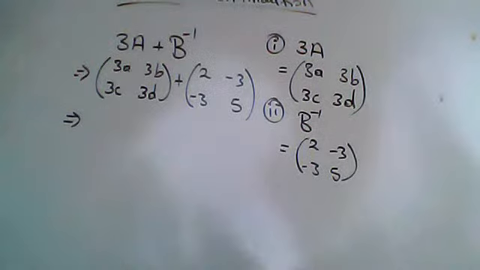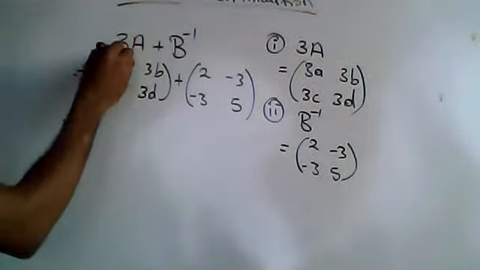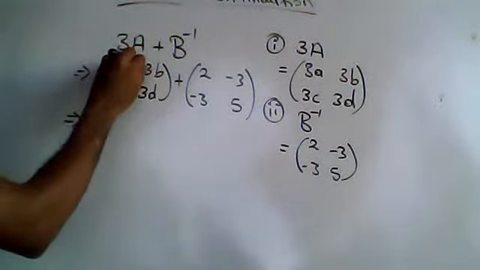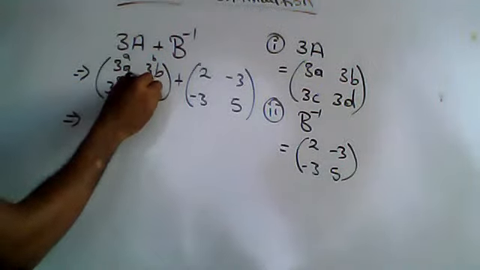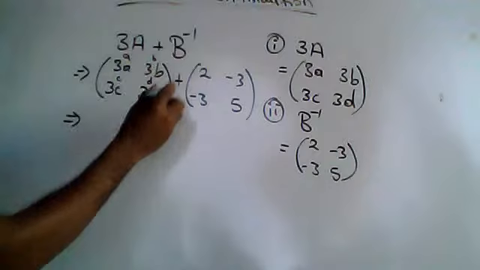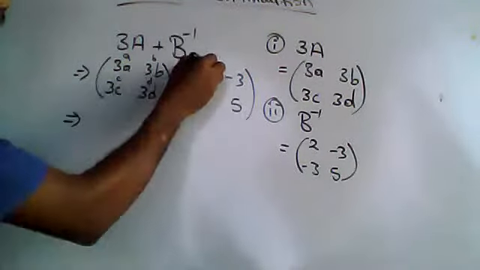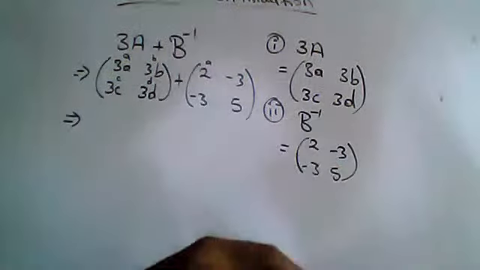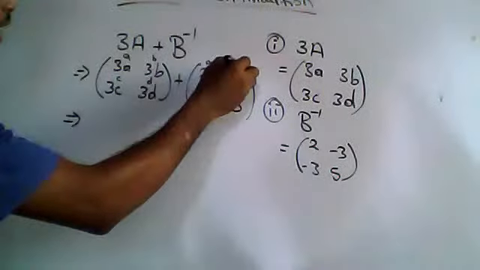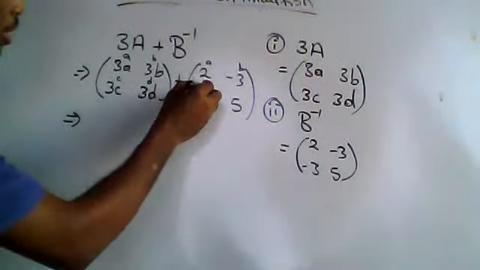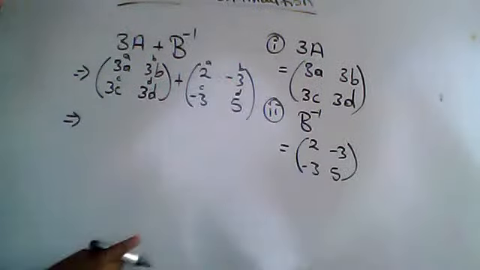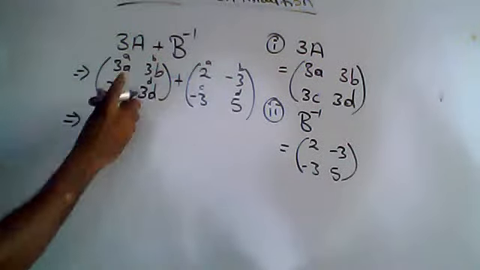The first element represents A, the second element represents B, the third element represents C, and the fourth element represents D. It's the same thing for this matrix. So we're going to add A with A, corresponding terms.